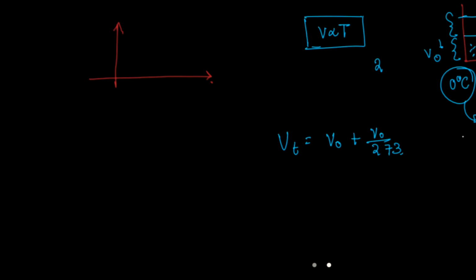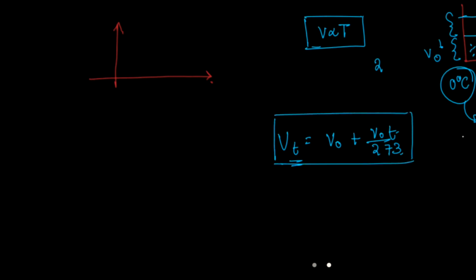If I increase it by 4 degrees centigrade, then it would be 4 V naught by 273. If I increase the temperature by T degrees centigrade, then the volume would increase by V0 T by 273. So this is the Charles law. So this is the mathematical expression of Charles law.